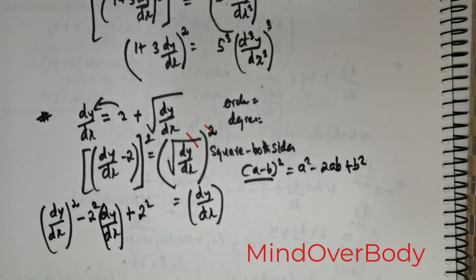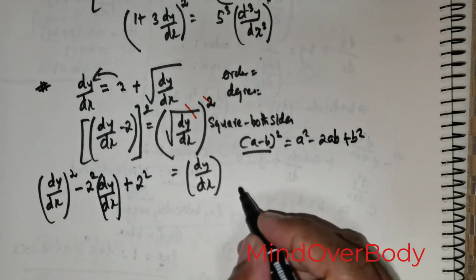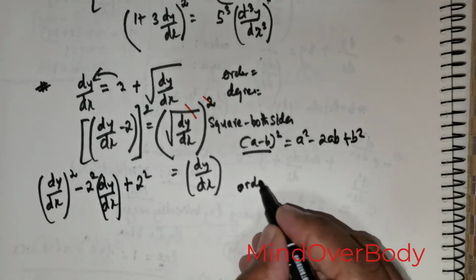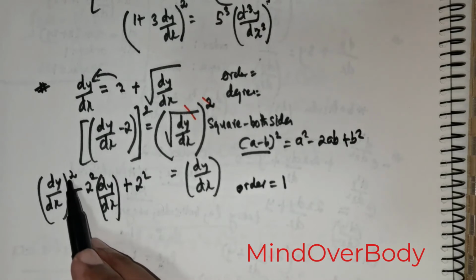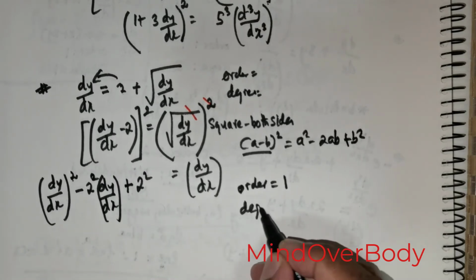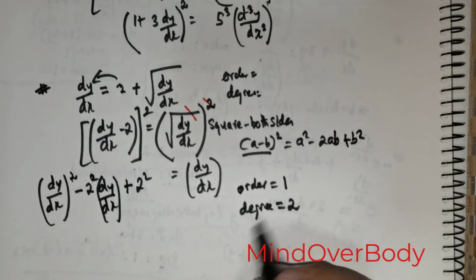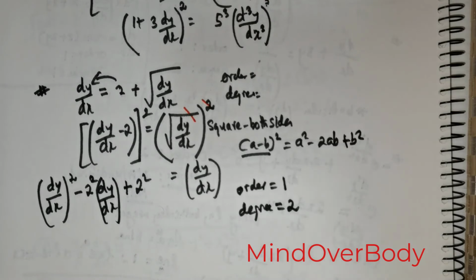Now clearly you can see that the highest derivative is of order 1, and the degree of the highest derivative here is 2. So this should be the solution. So you've got to be a little bit careful in handling this question.